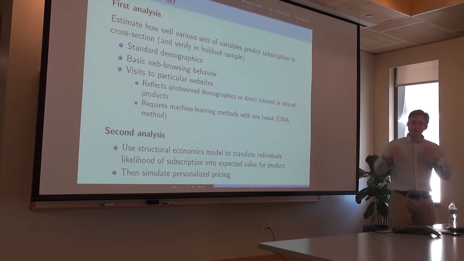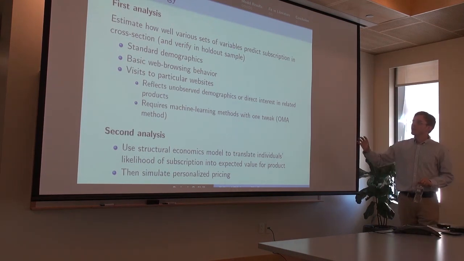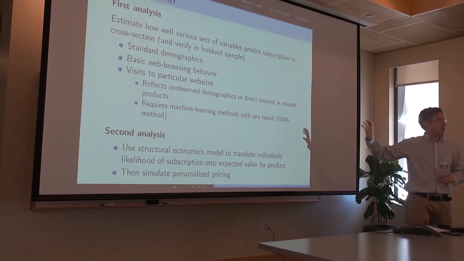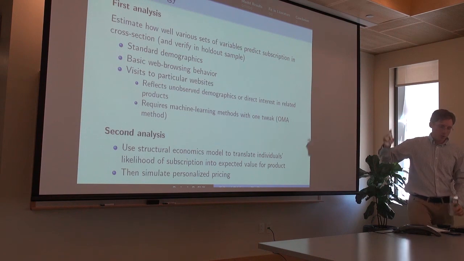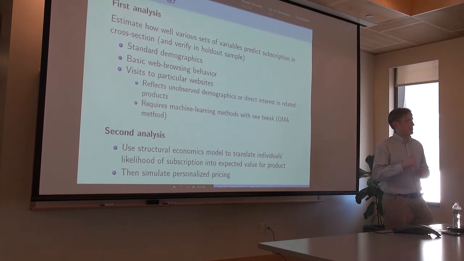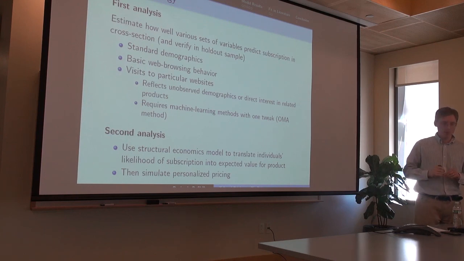Okay, so the general research strategies, I'm going to break it down into two parts. The first part is something I can verify in a holdout sample. In that part, I'm just going to look at how well different sets of variables allow me to predict whether or not someone is a subscriber to Netflix. Just a binary variable.